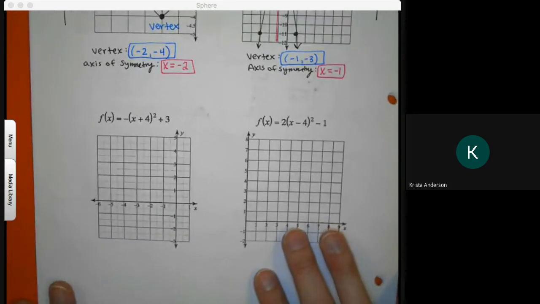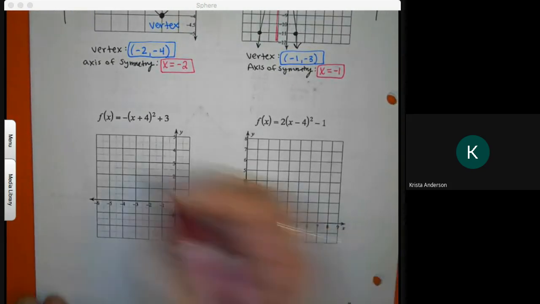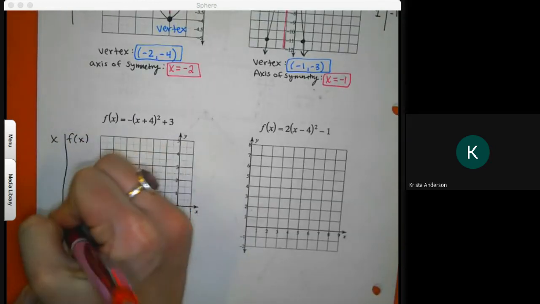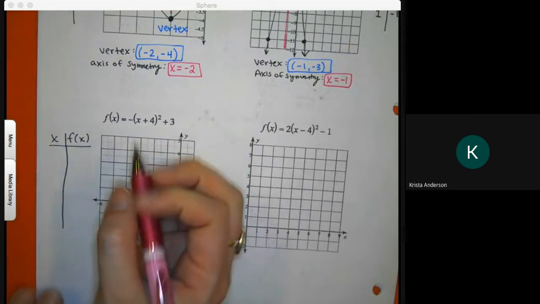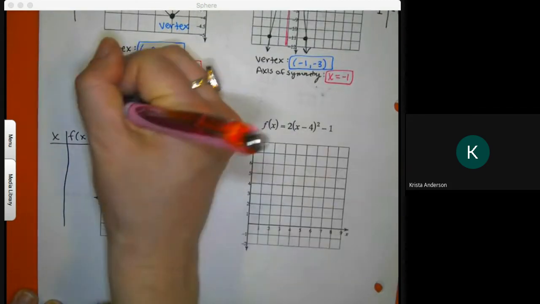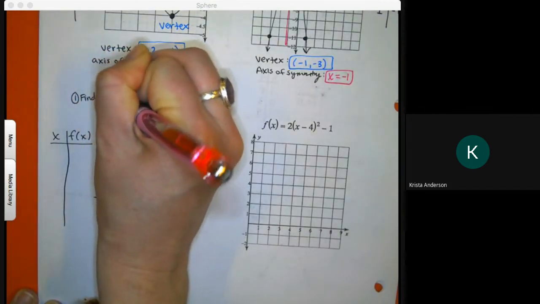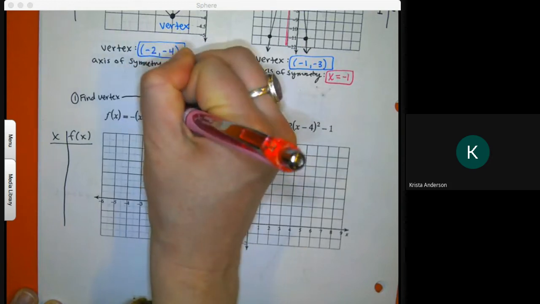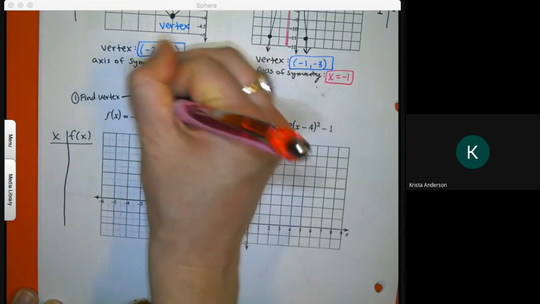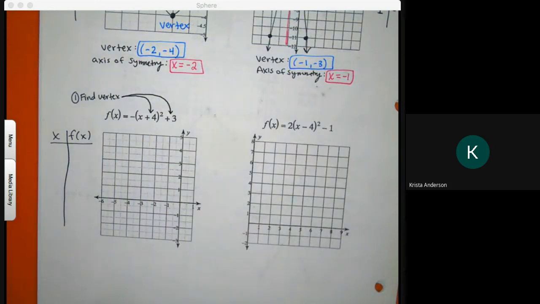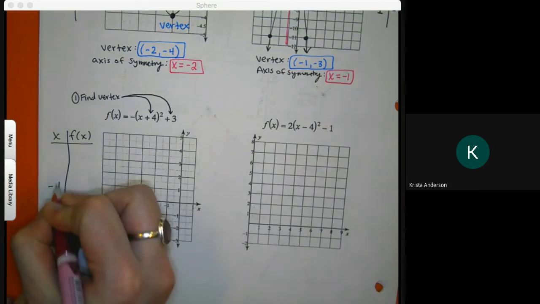Right. Bottom left. I'm going to build my table. I start with my vertex. I find my vertex by looking here and there. The opposite of positive 4 is negative 4.